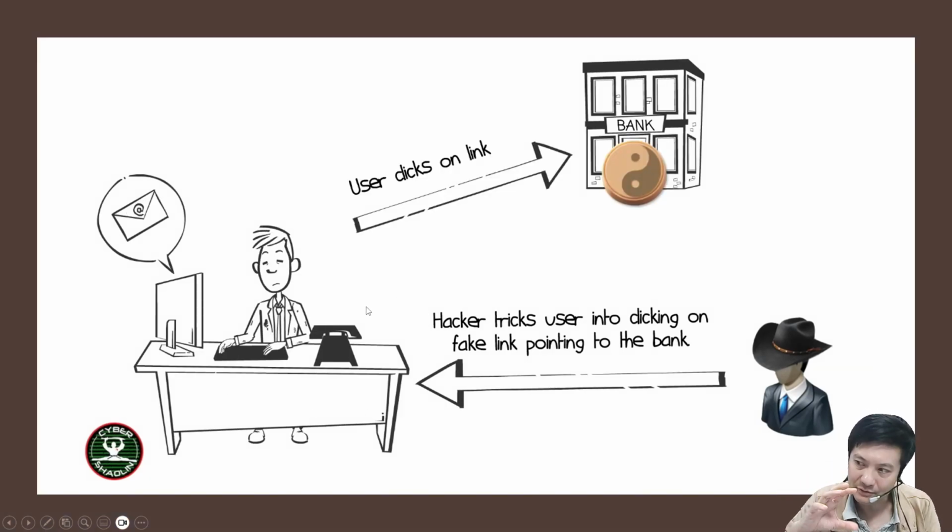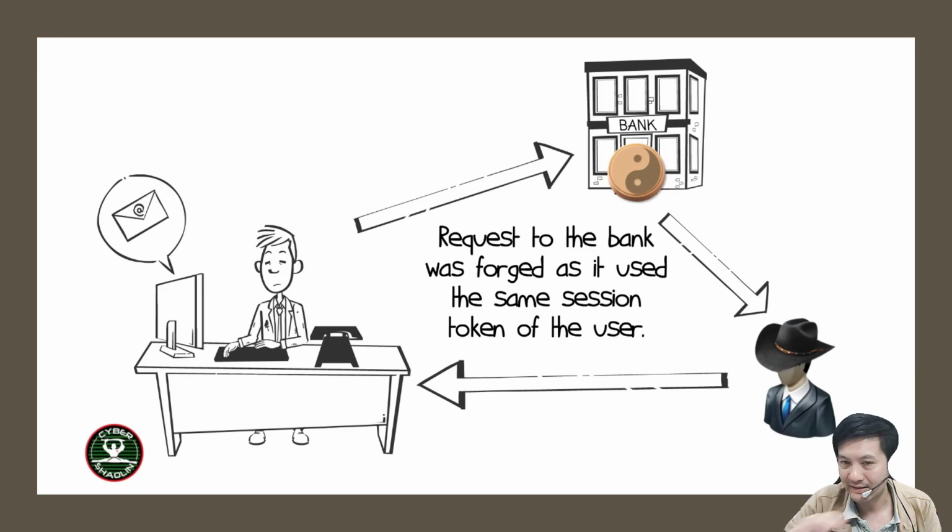It will open your web browser and try to access the bank website, and it may trigger your bank account to transfer the money to him. The logic is that since you are already logged into the bank account, when you click on a link and go to a place like transfer money, it automatically runs the script to send the money to him. This is a very common way to hack your system.